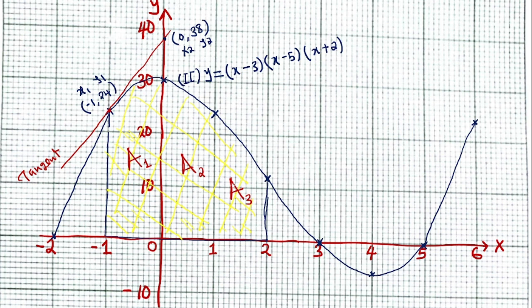Okay, how can we find the area of this part here? From where x is equal to negative 1 to where we are meeting the curve, that will be the value of a, and the value of a for A1 is equal to 24.